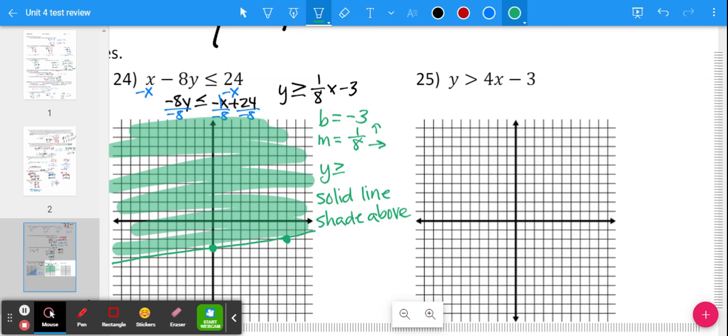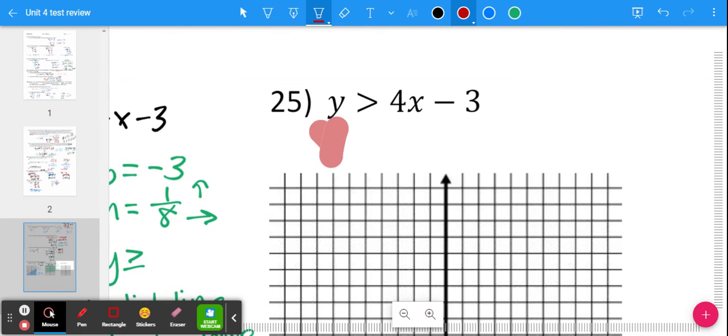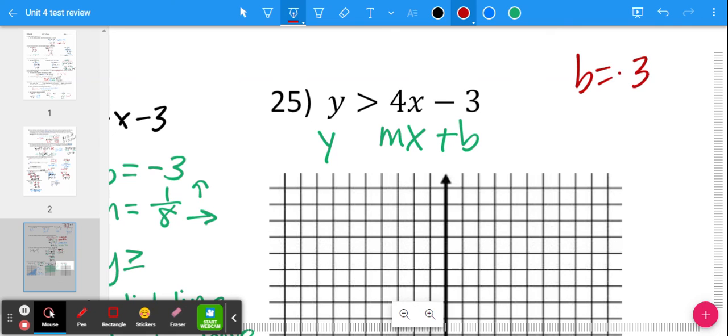Last one. We have this inequality, which is already in slope-intercept form, so we can make our observations and graph it immediately. So, y equals mx plus b. Our b value is -3.